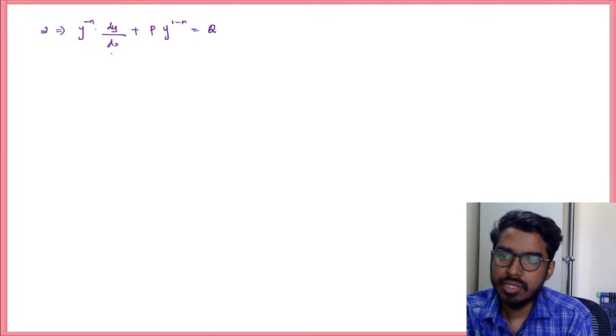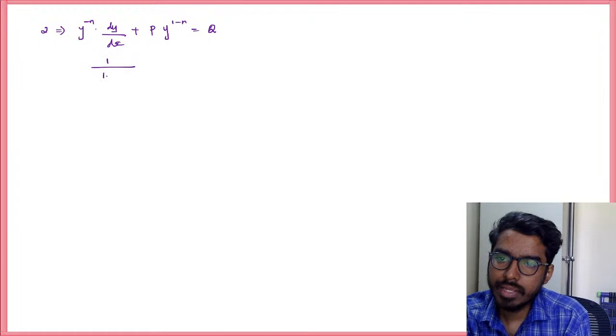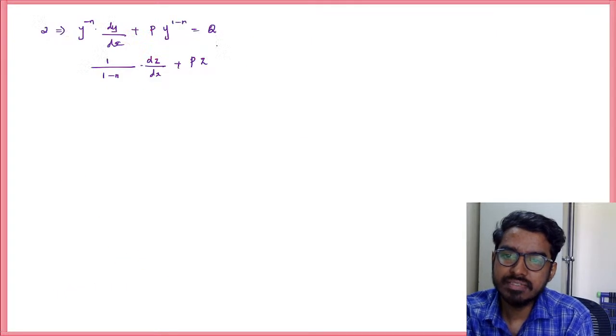So in place of y power minus n dy by dx, I can write 1 by 1 minus n dz by dx, plus p into this z, since by assumption y power 1 minus n is z, is equal to q.